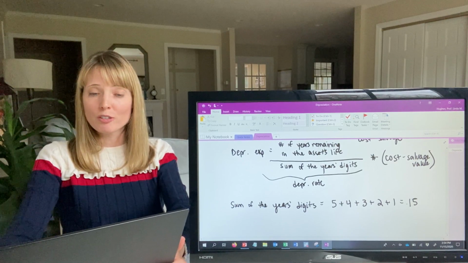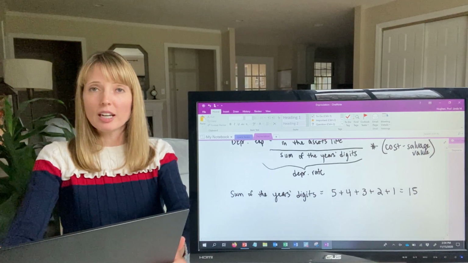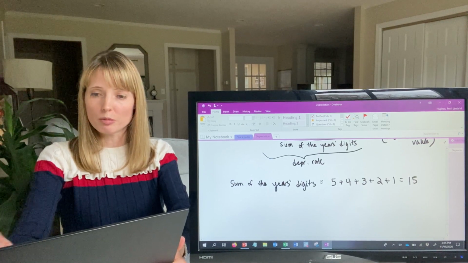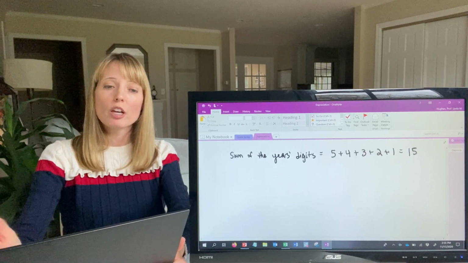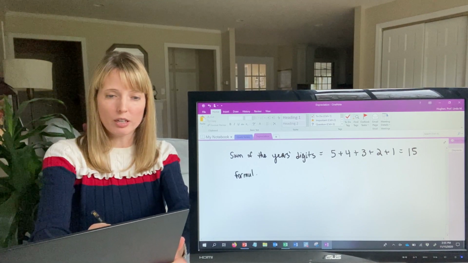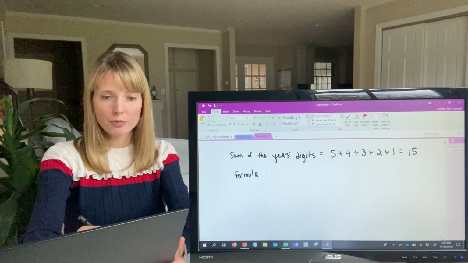Now you're probably thinking, what if this was a 20-year crane or an 80-year crane? Would we have to sit here and solve the factorial for however long it took us? There's a formula that we could use if we have a really high number of years and we don't want to just add the numbers together.